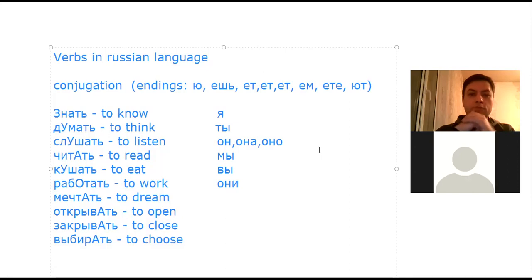Just want to let you know that in the Russian language, there are so many rules in grammar that you can hardly hold them in your memory. You need to develop some sort of a feeling, some sort of an intuition.